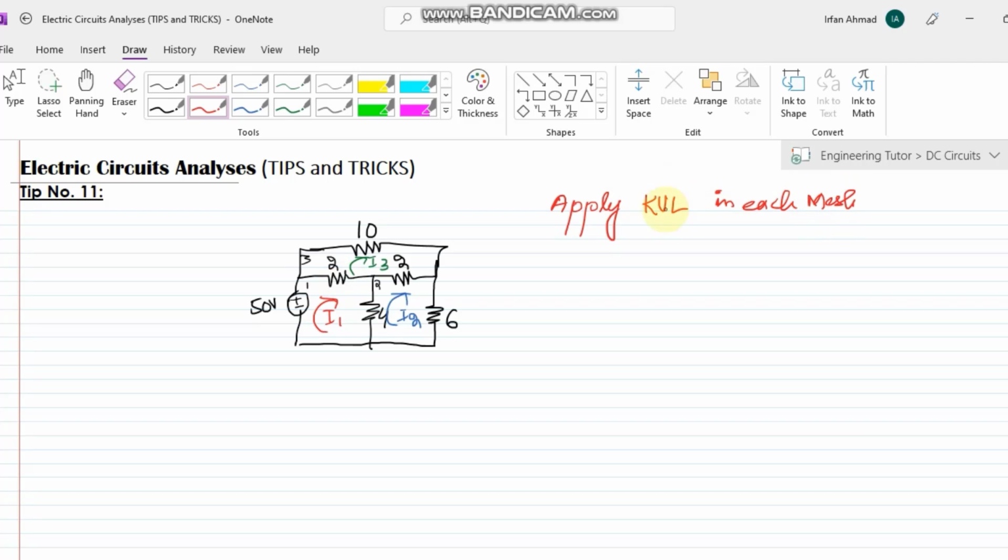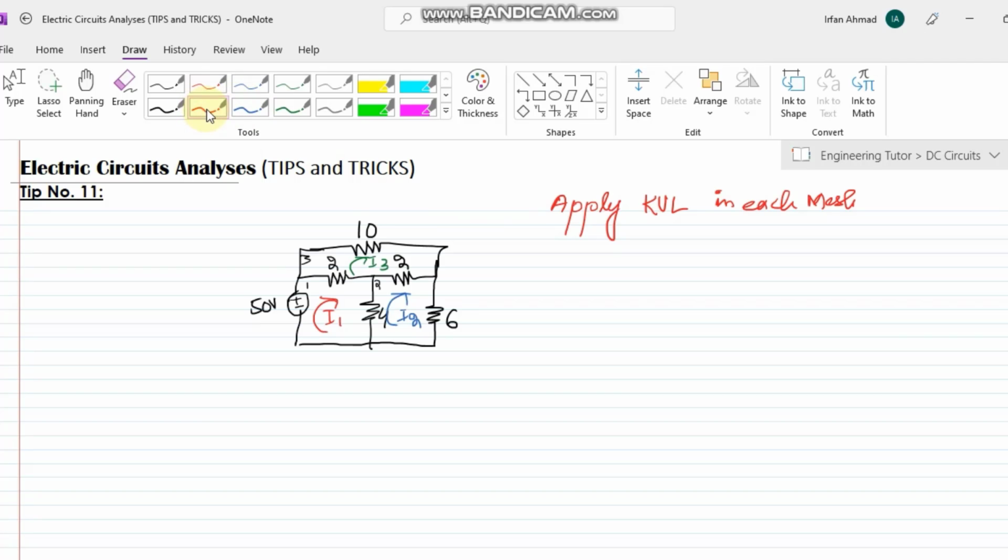After applying KVL in each mesh and simplifying the equations, it will be somewhat harder to find all the equations, and at the end we have to solve them using matrices or any other method. It will take so much time to construct and then solve those equations. Instead of that, I can use another method, which I am going to describe here.